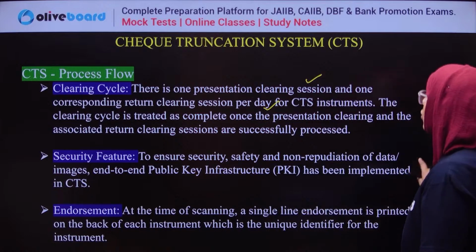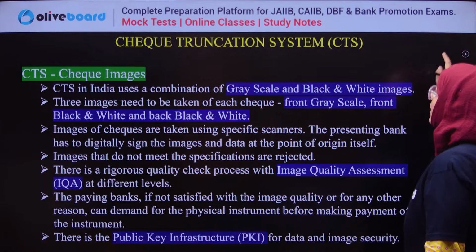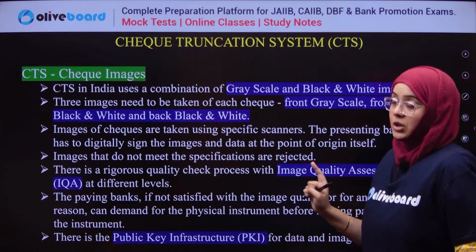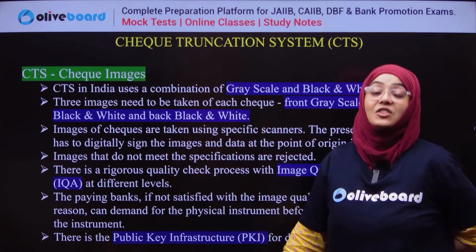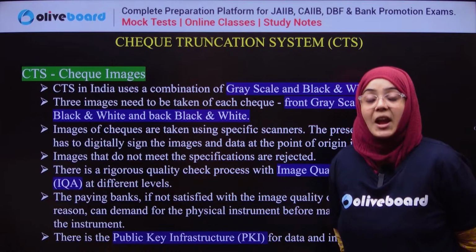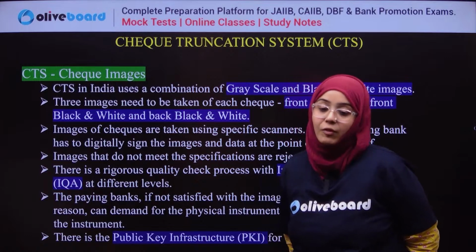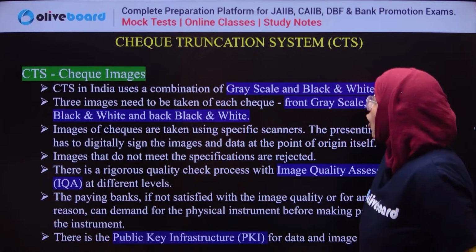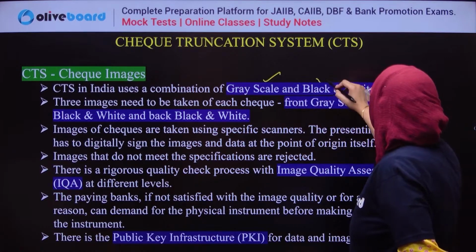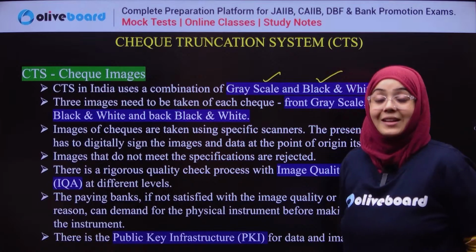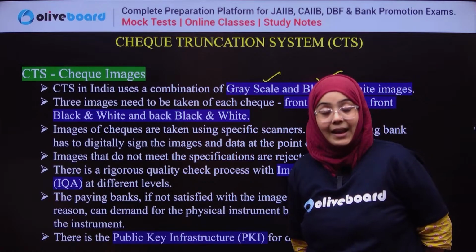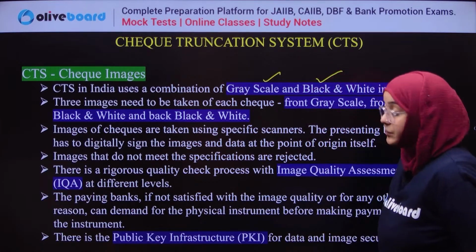Done? Okay, cool. Next is the check image. Now what is this check image? How is the check image taken, how is the check scanned in the whole process? First of all, CTS is a combination of grayscale and black and white images.